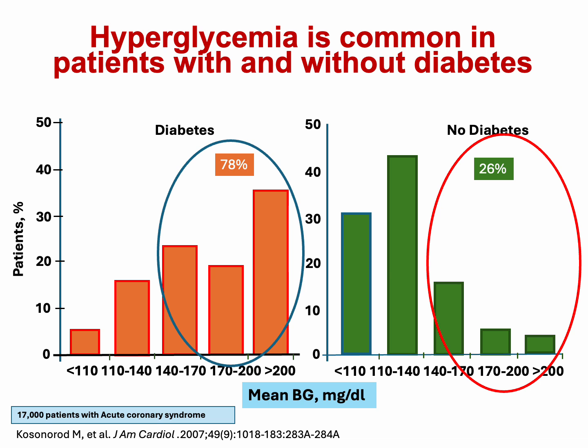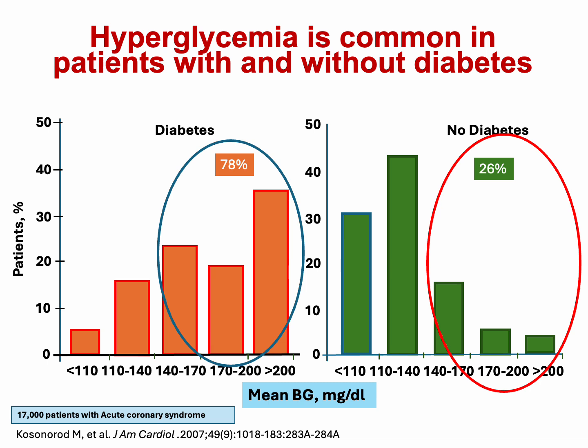Now, in a 2007 study by Kosiborod involving 17,000 patients with acute coronary syndrome, hyperglycemia was defined as a blood glucose level above 140 milligrams per deciliter, consistent with the ADA ACE clinical recommendation at that time.